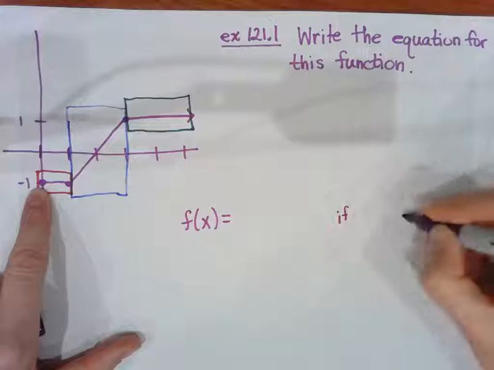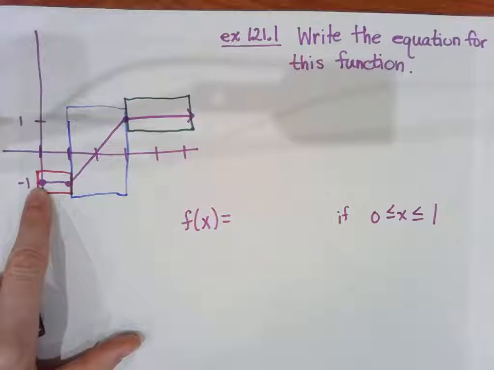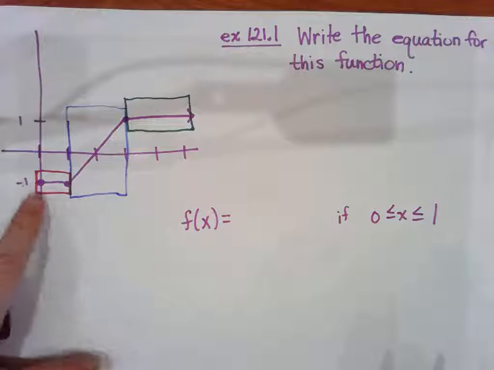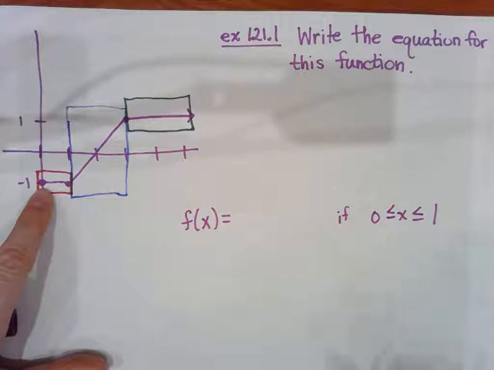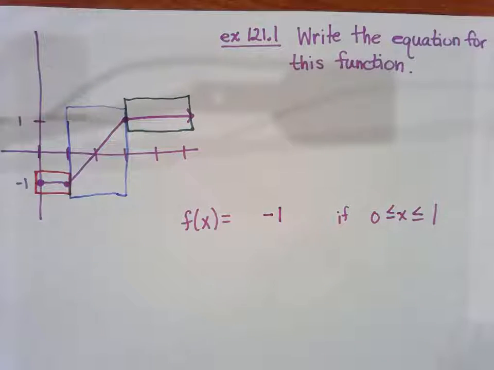So if x is between 0 and 1, it's defined one way. And exactly what is it? Well, it's just the function f of x equals -1. Just that horizontal line. Okay, so that's that first piece.